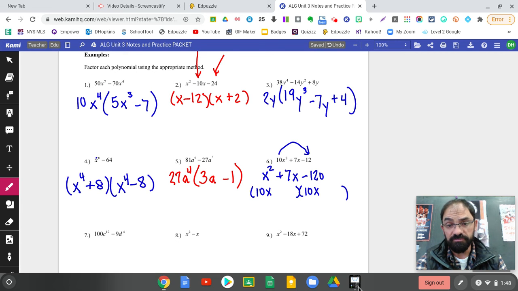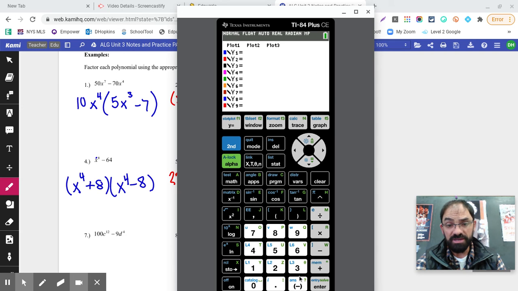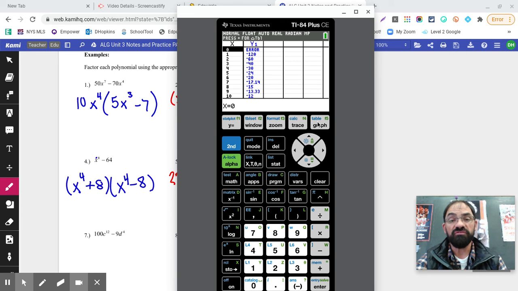So let's see. We go to y equals, if I put in negative 120 and I divide by x, we go to the table, second graph, and this gives me all the factors of negative 120. I'm looking for 2 numbers that might add to give me 7.